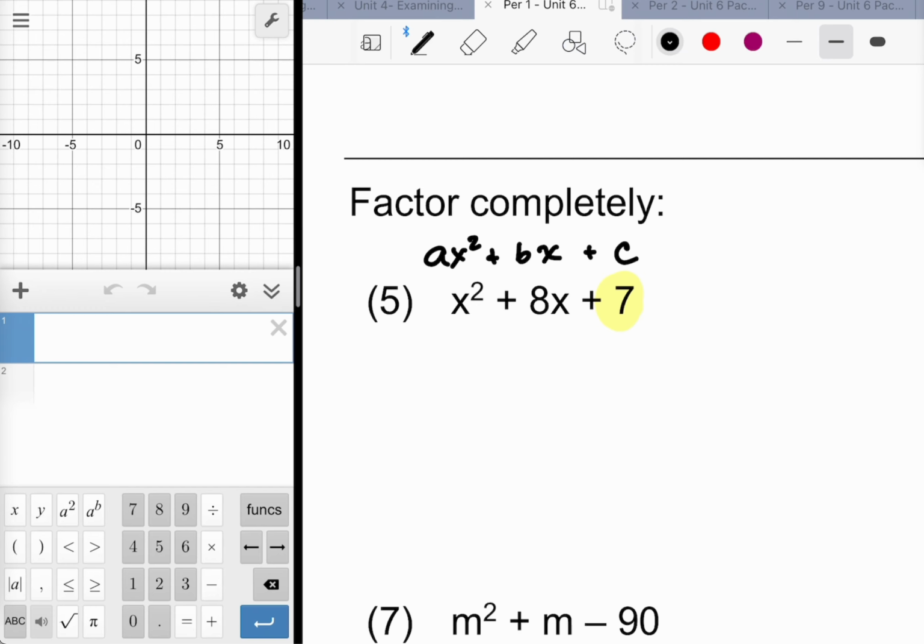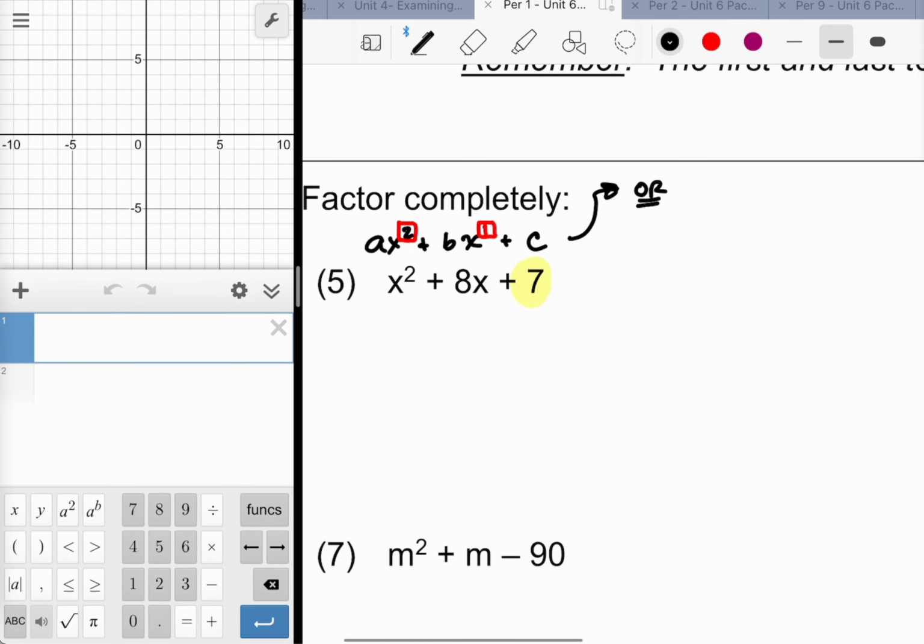Now, this is kind of a weird aspect that often gets overlooked. I say ax squared plus bx plus c, but it doesn't necessarily have to be ax to the second power and bx to the first power. It just has to have the form where whatever the first power is, it's double the second power. So in a more general form, I could say ax to the sixth plus bx to the third plus c.